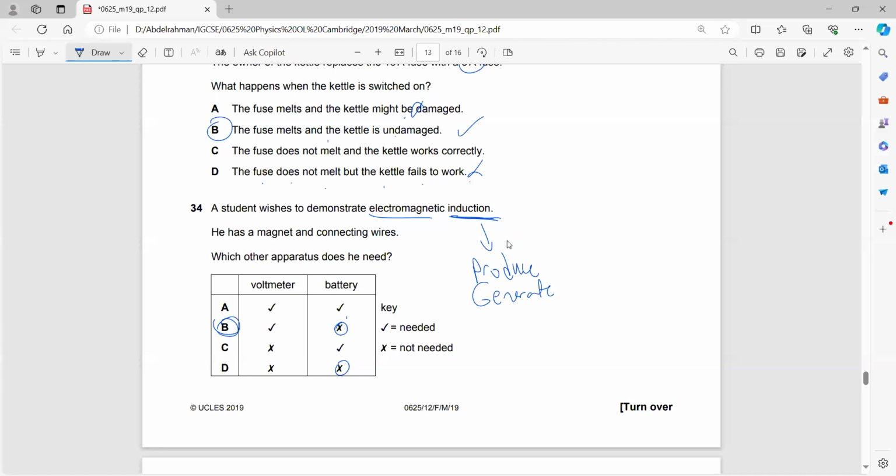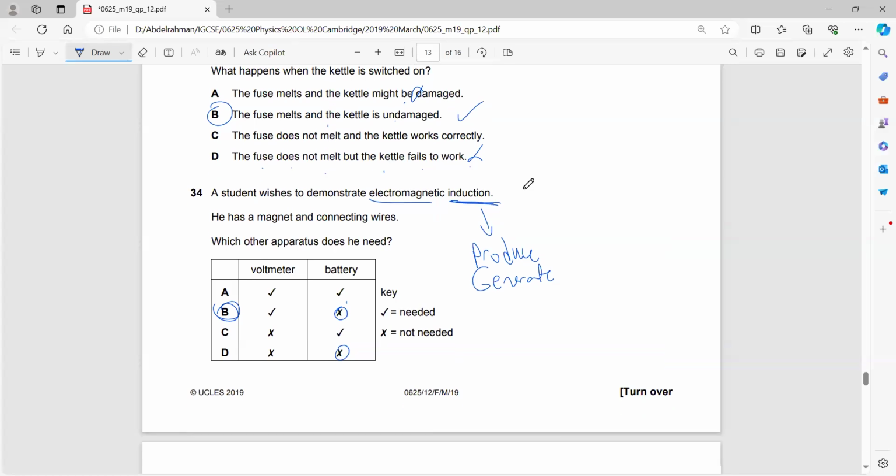But you do not need a battery. If you use a battery, this wouldn't be electromagnetic induction. You're not producing electricity from kinetic energy, you're producing it from the chemical energy inside the battery. So this would be wrong. It would be a simple circuit.